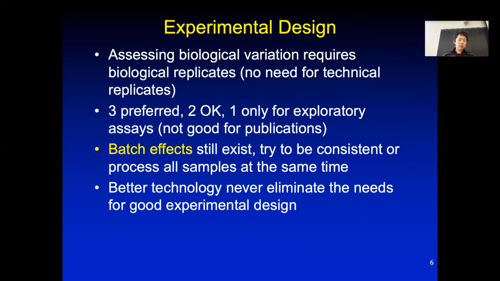And also try to avoid complete confounding, which is if all the normal samples are processed in one batch and all the cancer or other condition samples are processed at another time, try to eliminate those situations. Yeah, so better technology never eliminates the need for good experimental design, okay?